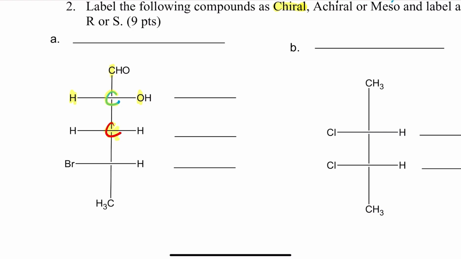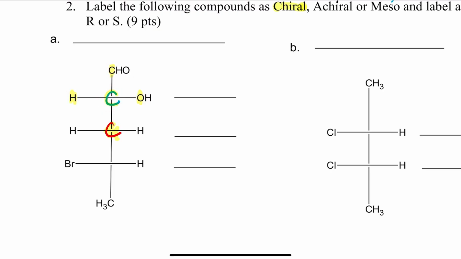This carbon is not connected to that hydrogen. The oxygen is connected to that hydrogen. So you've got to take that into consideration. So this carbon is connected to a carbon, a hydrogen, oxygen, and a carbon.